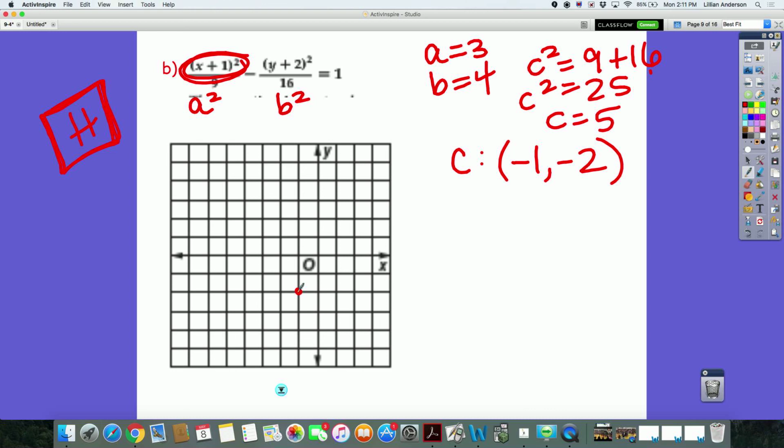Since it opens horizontally, my transverse axis is going to be horizontal, my conjugate axis is going to be vertical. So from the center, to get the endpoints of my box, I would go 3 to the left, 3 to the right, 4 up, and 4 down.